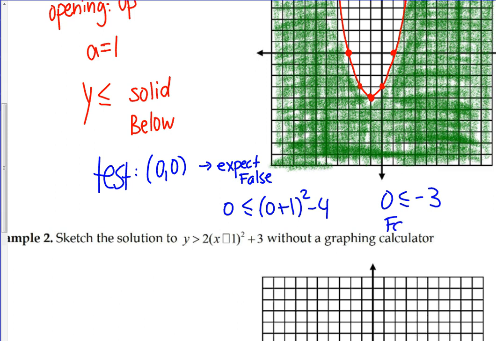No, that's false, and that's what we wanted to see, because we tested something in the false region, so we know our shading's correct. You could also do a test in the opposite area and get the outcome you're looking for. In this case, we wanted it to be false. Does that make sense? A little backwards, but hey, if we can use (0, 0), that's always nice. It's a lot quicker.